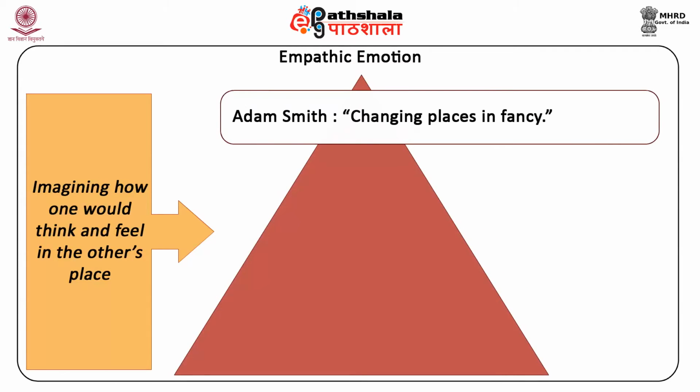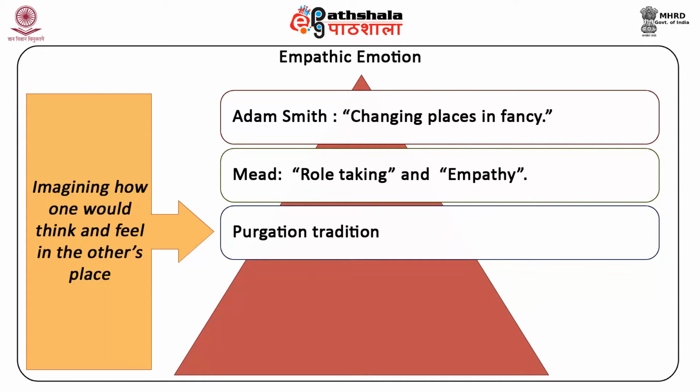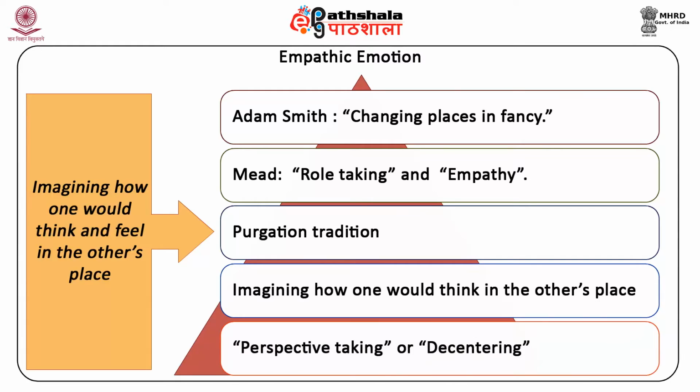Adam Smith prosaically referred to this act of imagination as changing places in fancy. Mead sometimes called it role taking and sometimes empathy. In the Piagetian tradition, imagining how one would think in the other's place has been called either perspective taking or decentering.